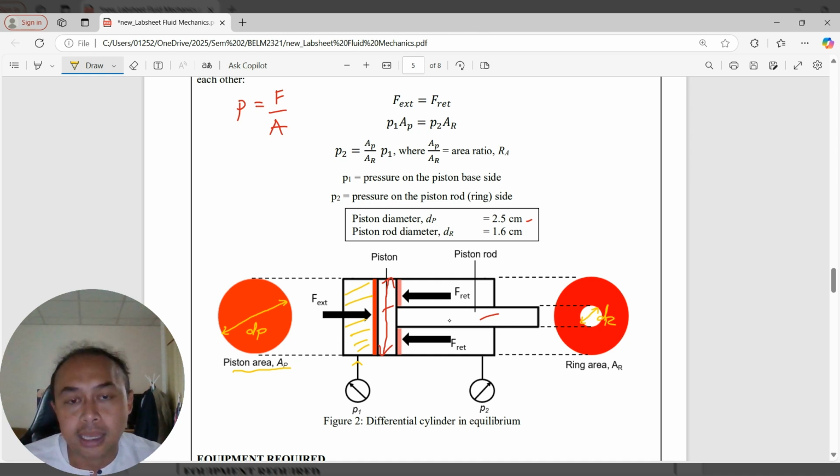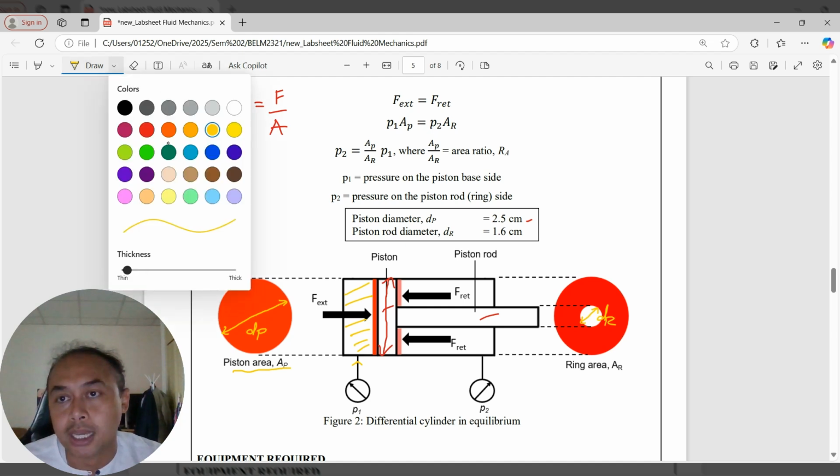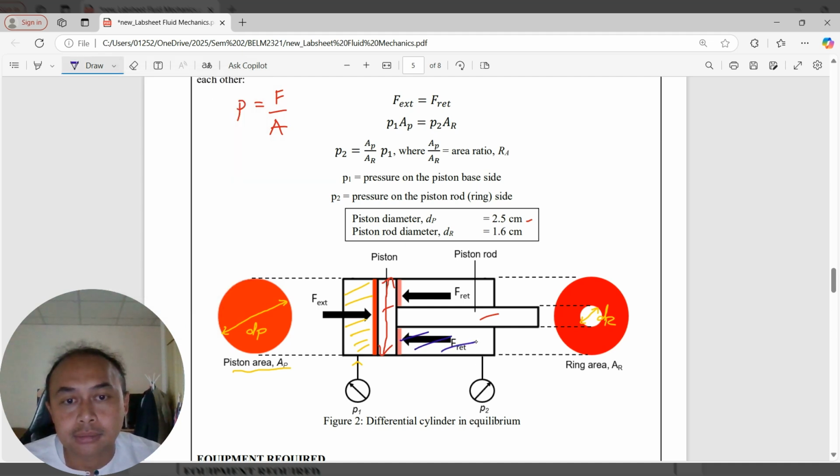Meanwhile, on this side, on the piston rod side, when you have the oil inside, the oil is having contact with only this area.